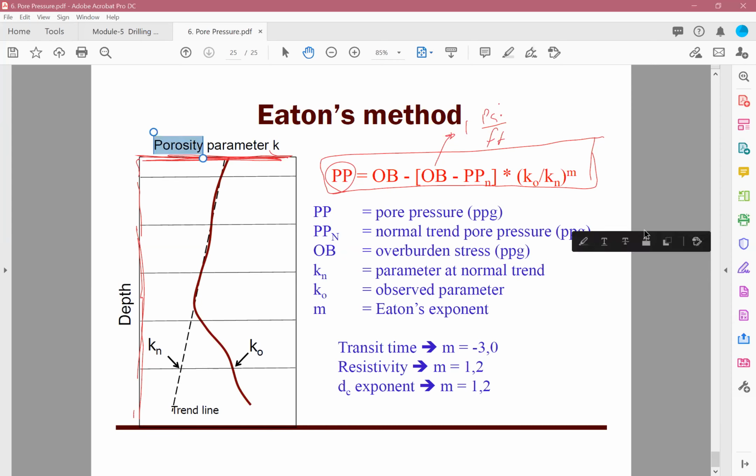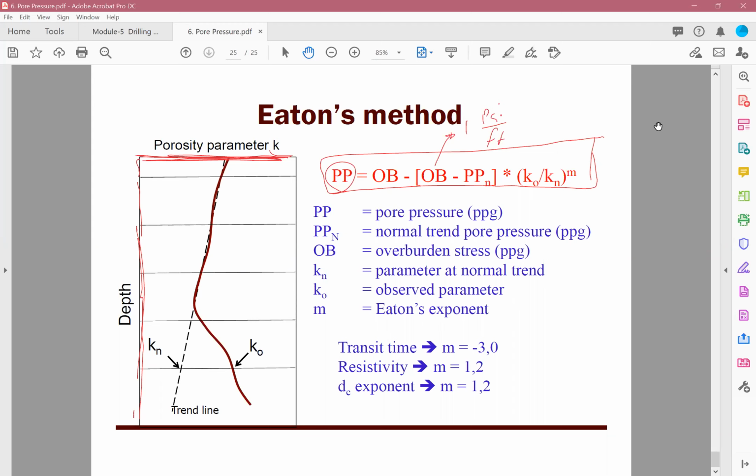I want to convert 1 psi per foot, which is the normal overburden stress, to pounds per gallon. How can I do that? Come on, guys, you know that, it's very easy.